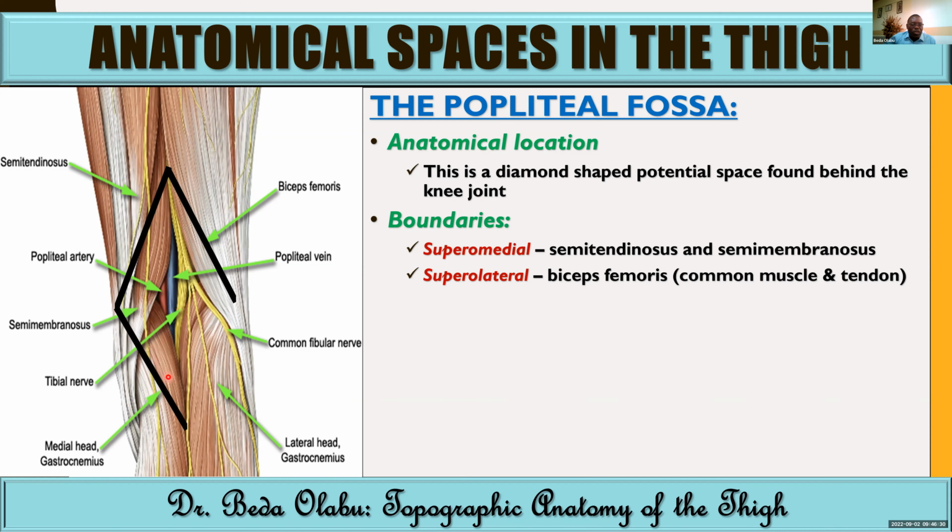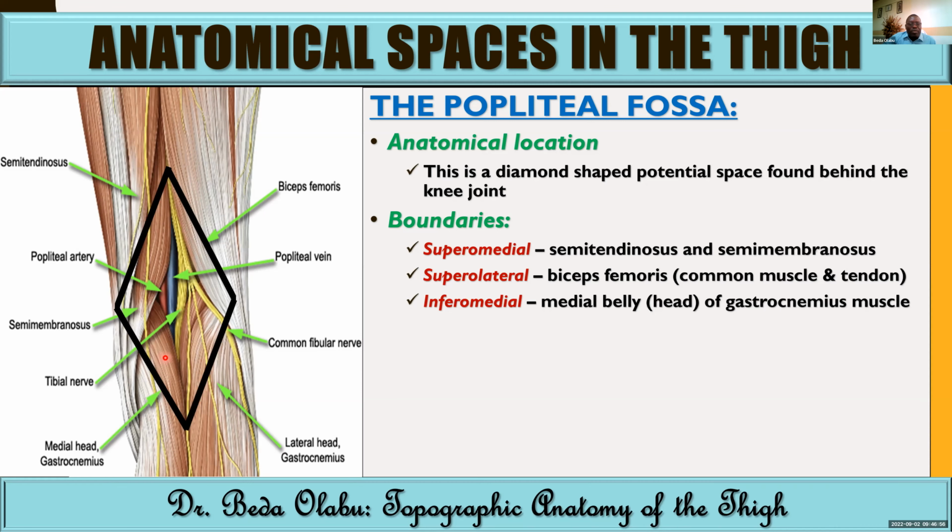This is the inferomedial boundary, formed by this muscle here. We call it the medial head of the gastrocnemius muscle. Gastrocnemius is a muscle in the posterior leg, but we see it arising from the condyles of the femur, and so it's partly forming the boundaries of the popliteal fossa.